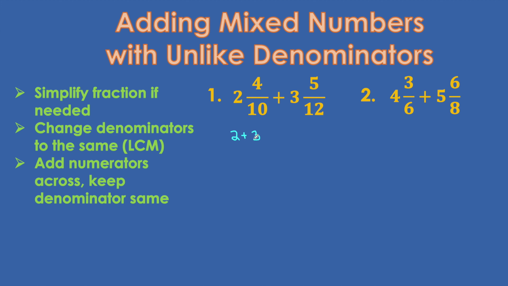So what I'm doing here is I'm taking this whole number and this whole number and putting them together. It might make it easier for you. You can put them together and then just add the fractions, copy down the other fractions, so when you simplify at the end, it's not going to confuse you.